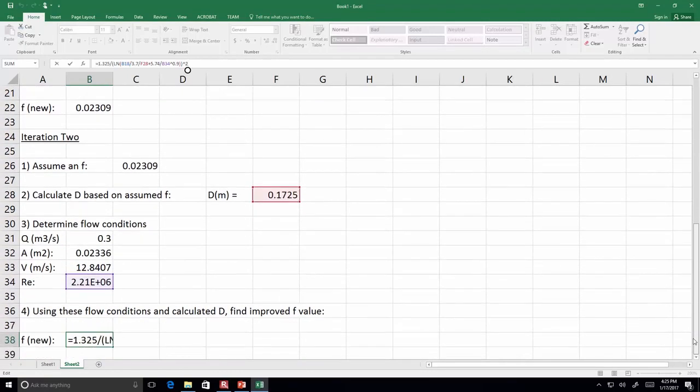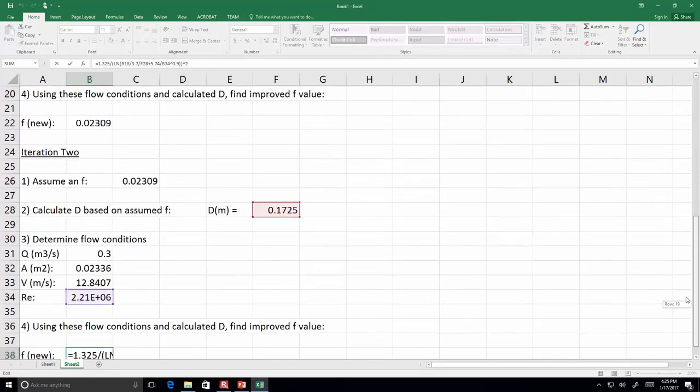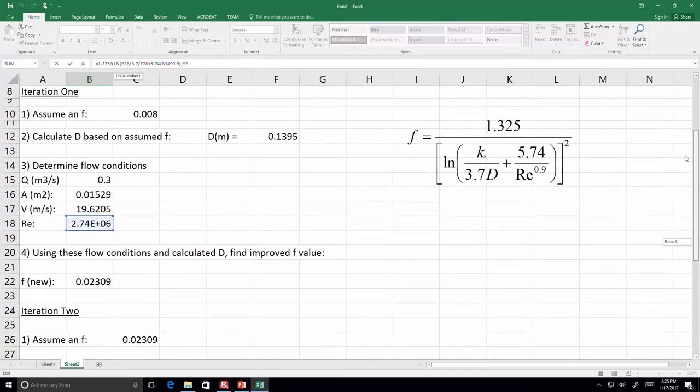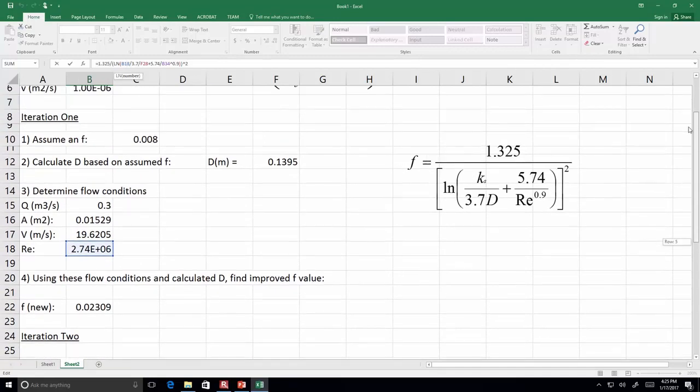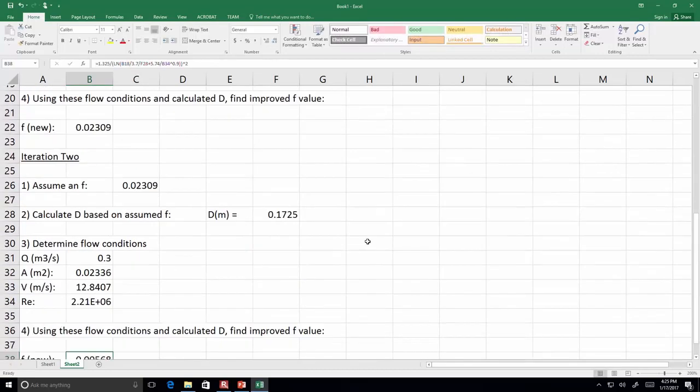Did I miss something in the F value? Let's see, where is it looking? K sub s. So that's above the 3.7, this one? Ah, good catch, you're right. So yeah, it's looking in the wrong spot. It's looking at the Reynolds number right now. So let me fix that.